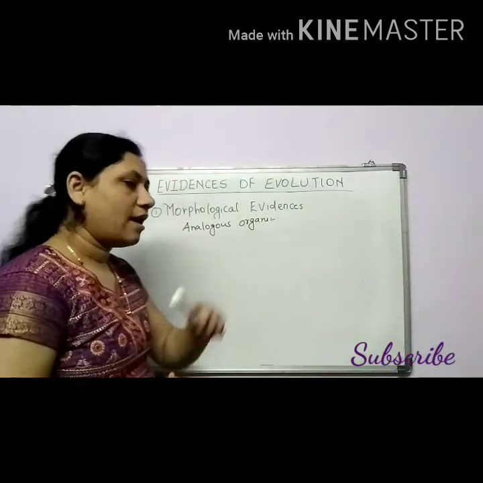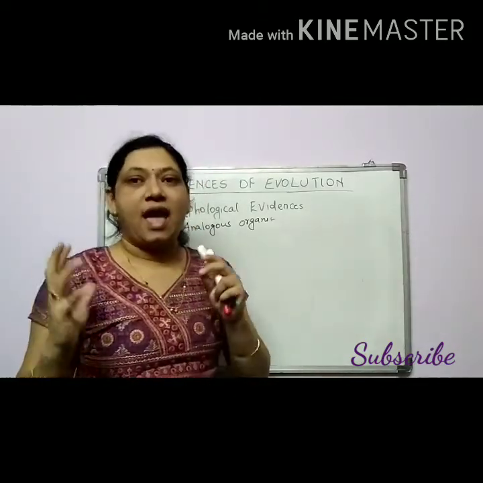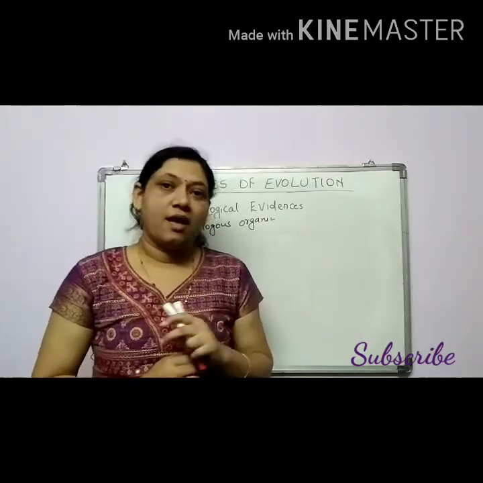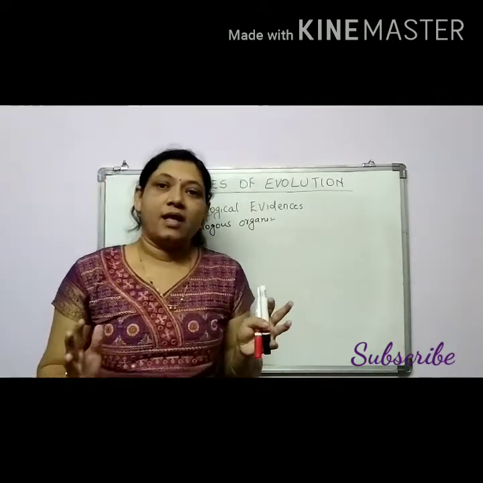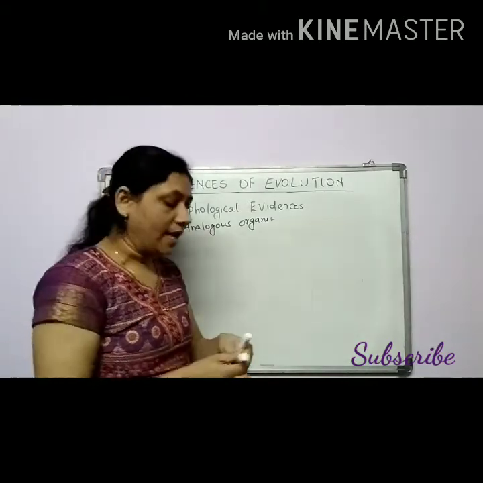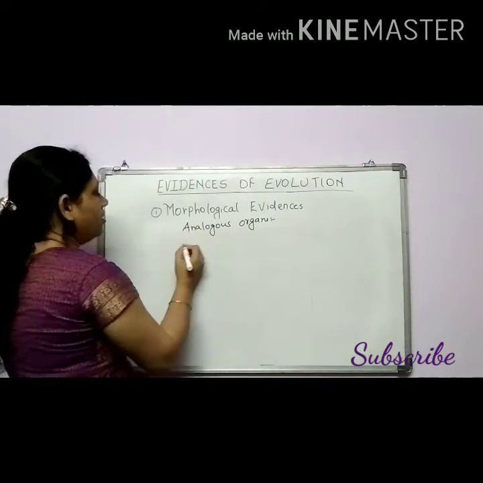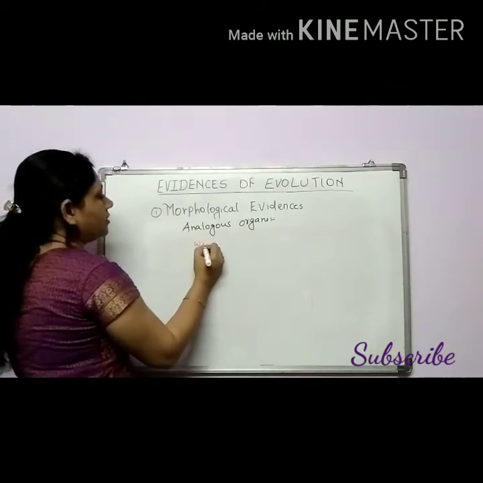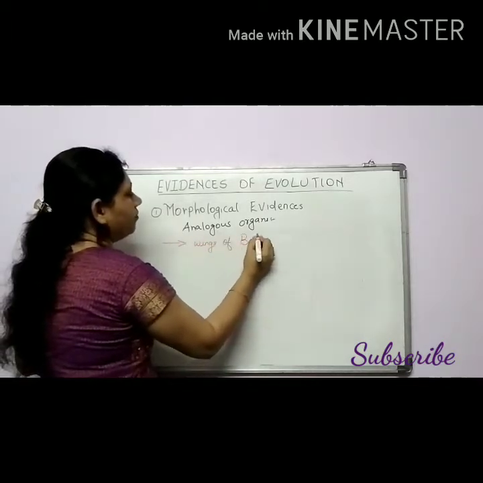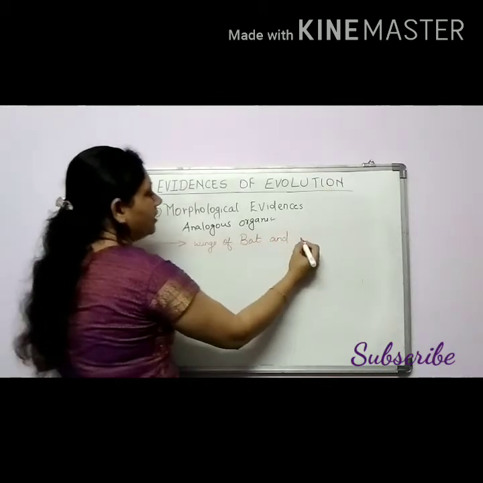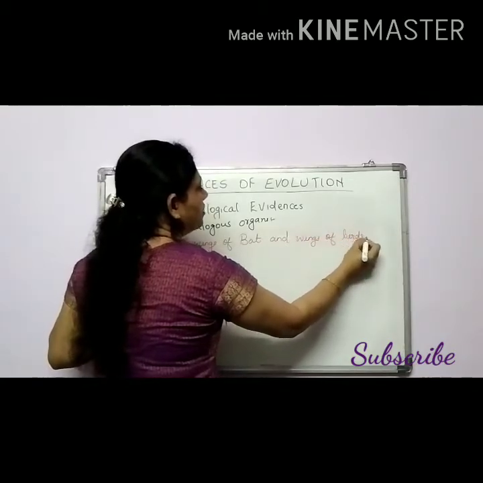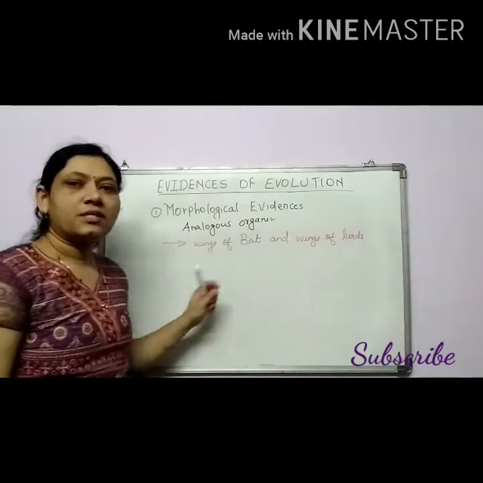So, see, in analogous organs, the structure and the origin, the ancestors of the living organism, are different. Okay. And they perform the same function. How come? If we take the example of animals, that is wings of bat, and if we see the wings of other birds, their structures are different.